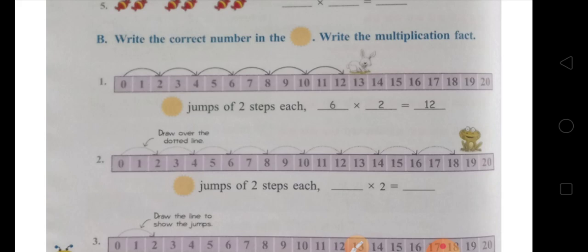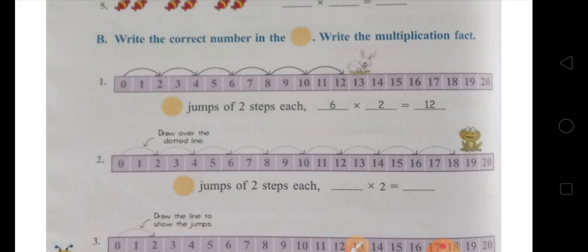So how many jumps does the rabbit make? The rabbit jumps 6 jumps, so there will be 6 jumps of 2 steps. In each jump there are 2 steps.